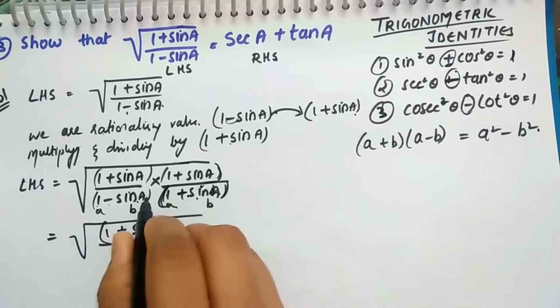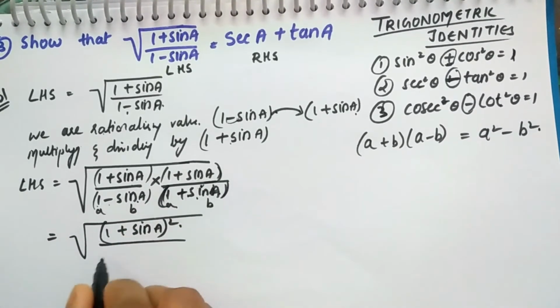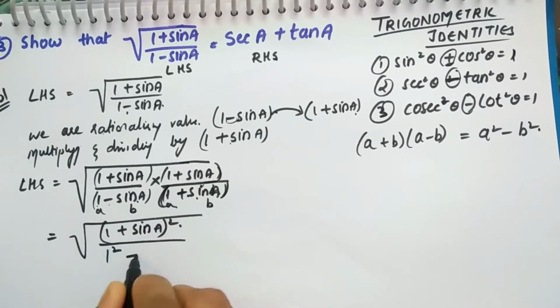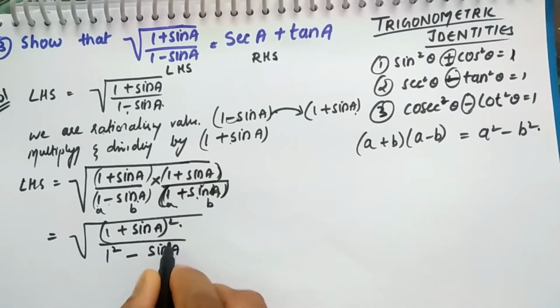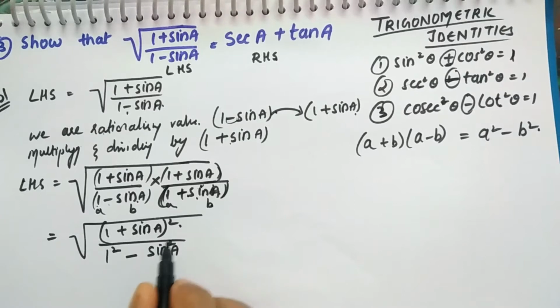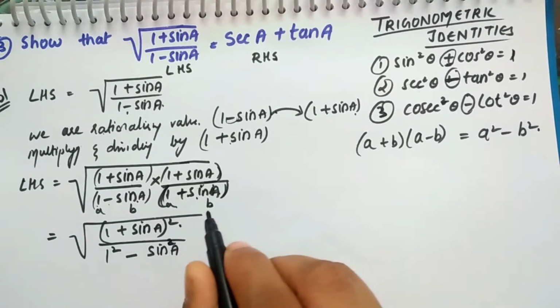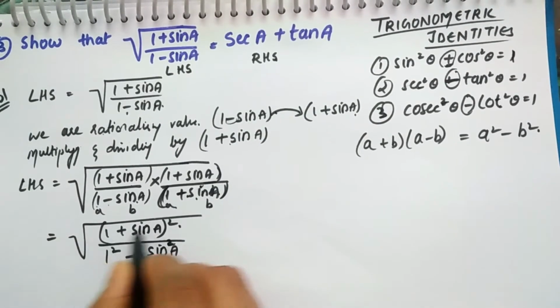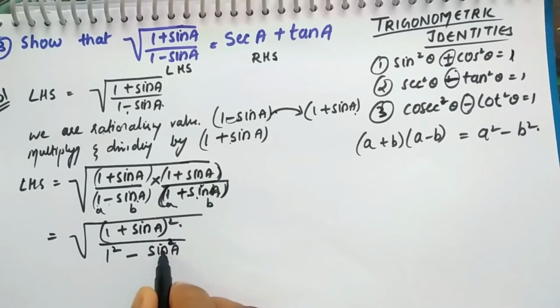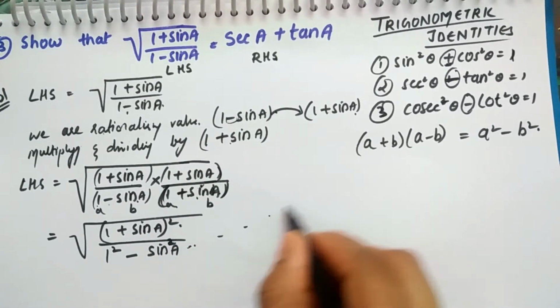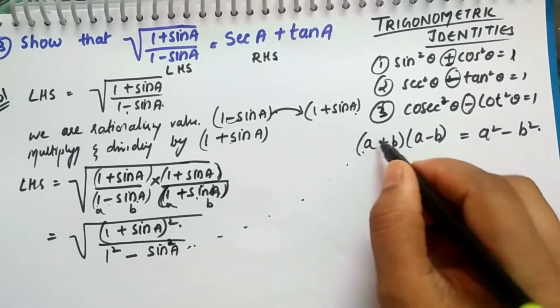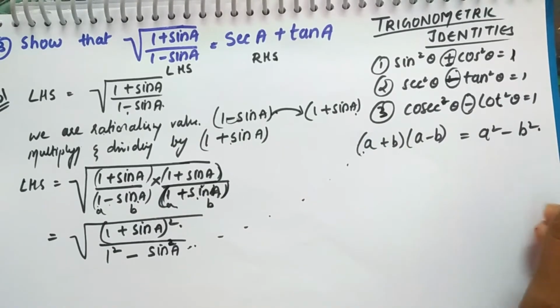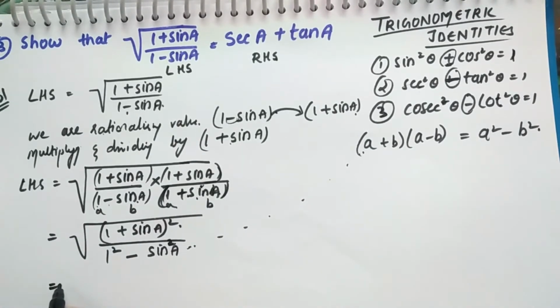So using this formula, we convert it into 1 square minus sine square a. We always give the square to the ratio, not to the angle. So we have (1 plus sine a) the whole square divided by (1 square minus sine square a). We got this using the identity (a plus b) into (a minus b) equal to a square minus b square.